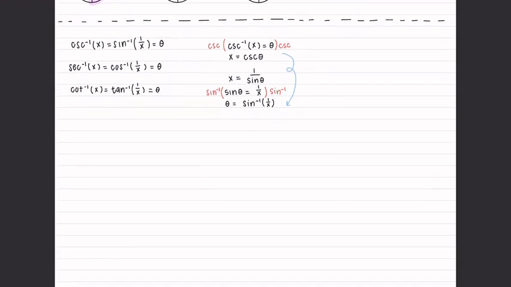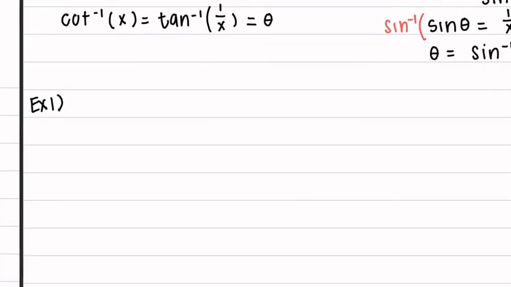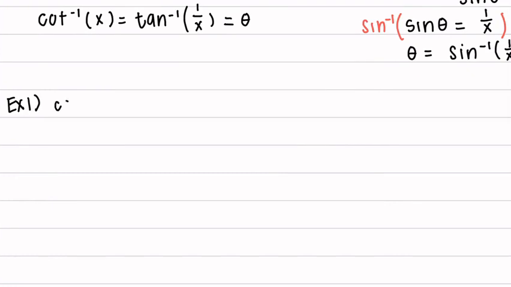Okay, we're going to do a couple examples. Example 1, I have cosecant of inverse cosecant of 2 equals theta.